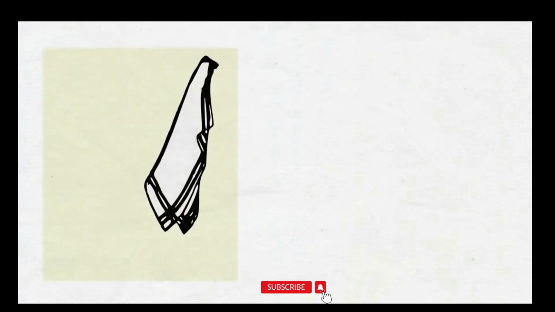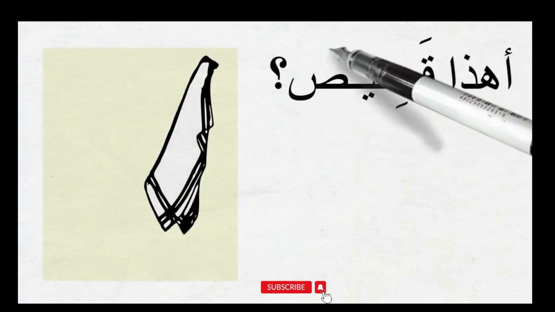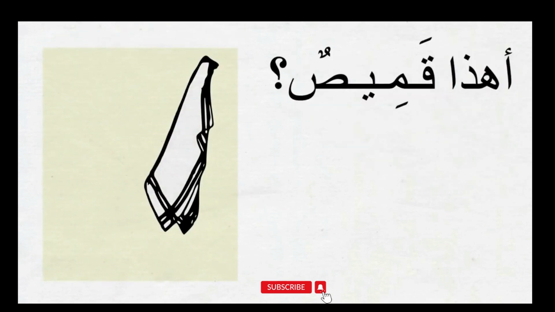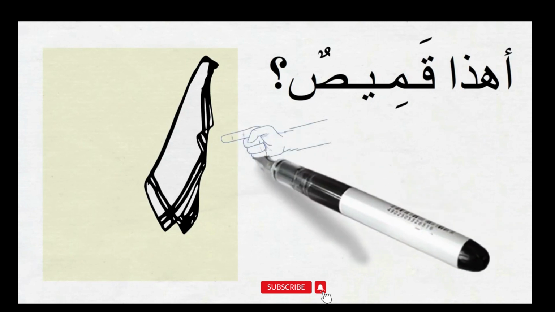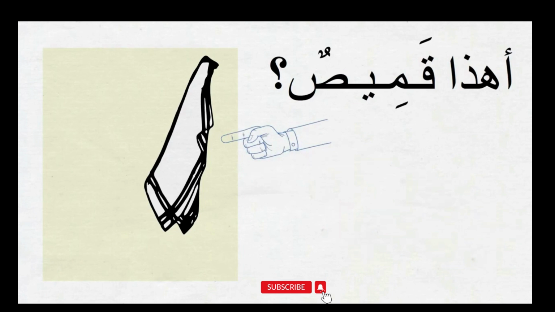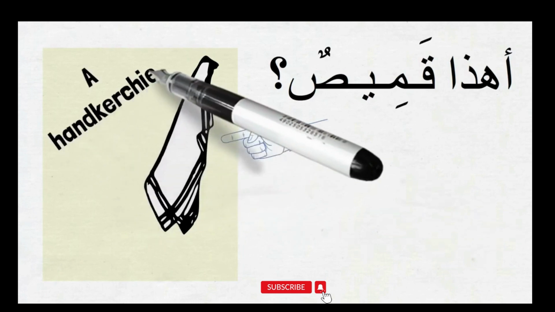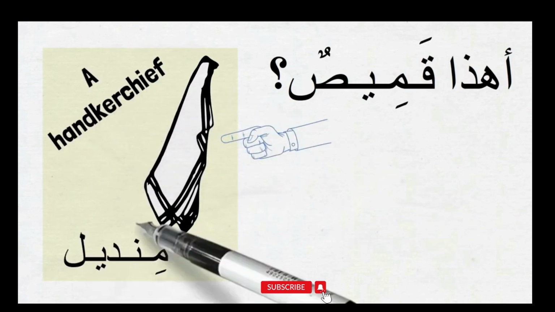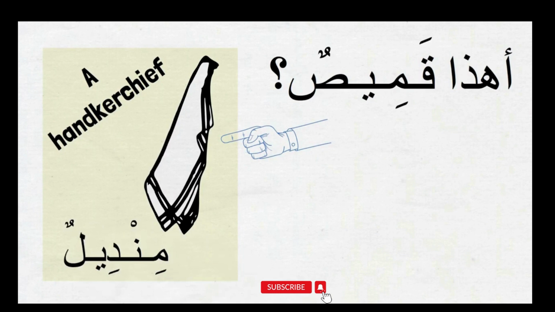One more to go. أهذا قميص؟ Do you remember what قميص is? قميص is a shirt, right? Does it look like a قميص؟ No, it's a handkerchief, which in Arabic is منديل.